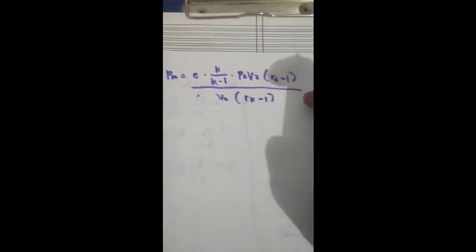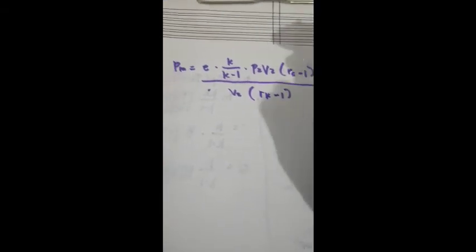Em is equal to E, by using the formula that we get for Q, K over K minus 1 times P2 V2 times Rc minus 1 over V2 times Rk minus 1. So you will use this formula to get the value of the mean pressure.